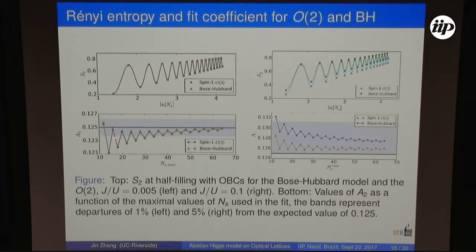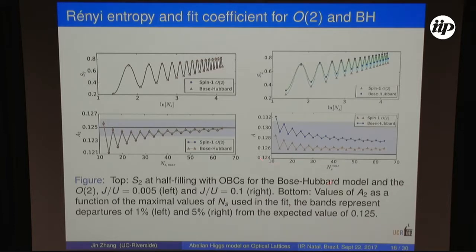Okay. So here we want to find out how small we can keep this system to still have good results. And this is also for J over U equals 0.1. And this dark stripe is a defect.